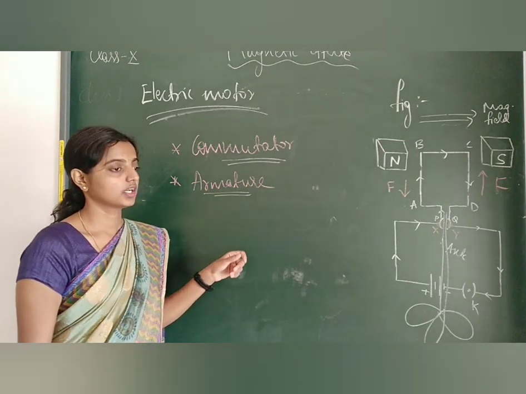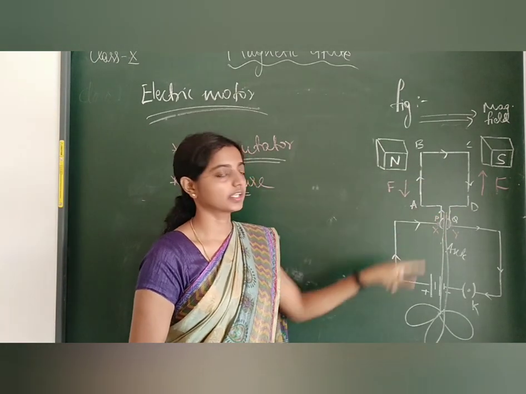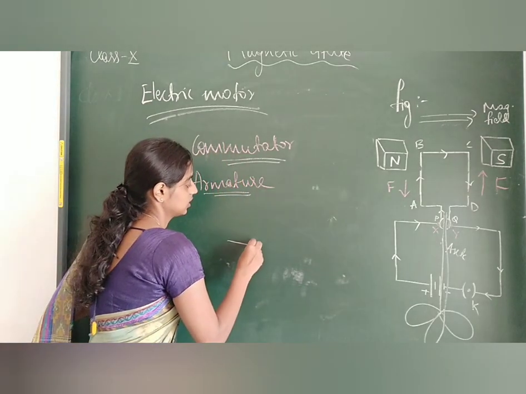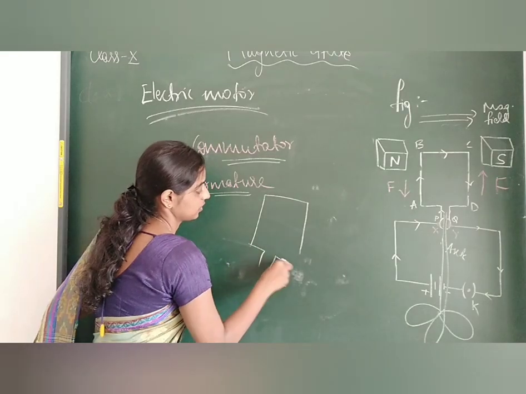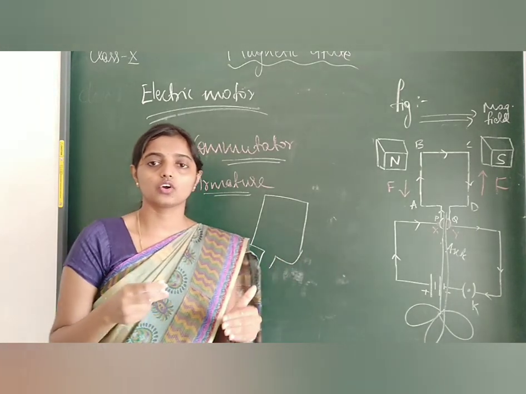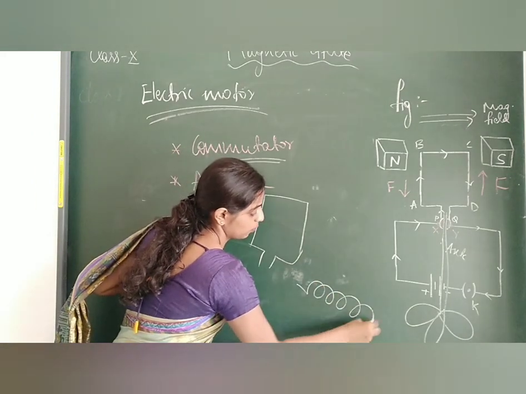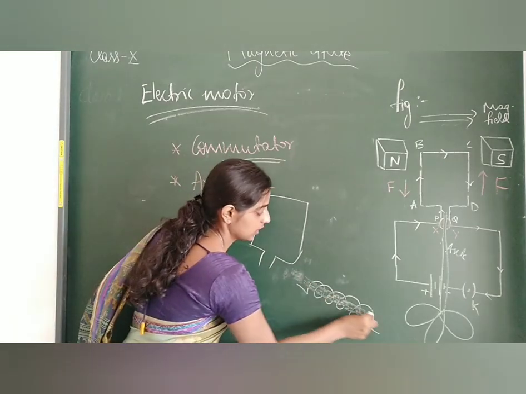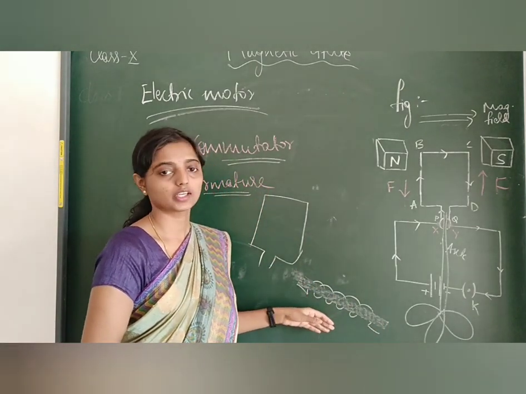Here we have taken a coil, an insulated copper coil, of rectangular shape. Just to recall the solenoid, we took a wire with many coils, and we inserted one soft iron core for better production of magnetic field lines, right?